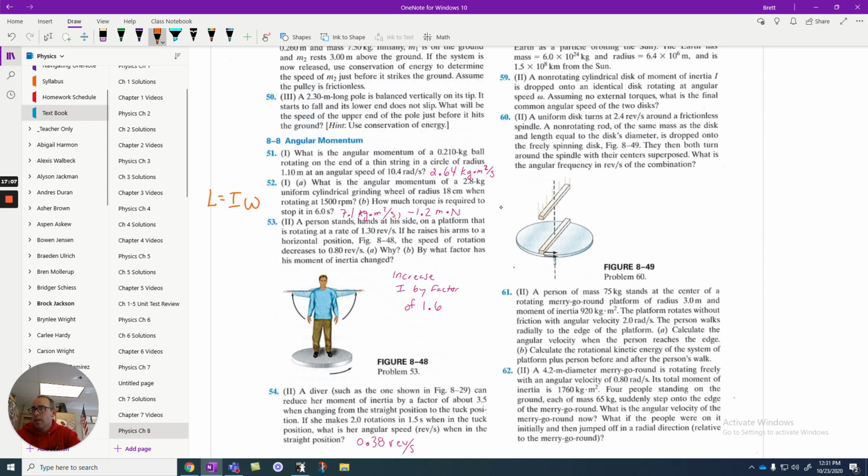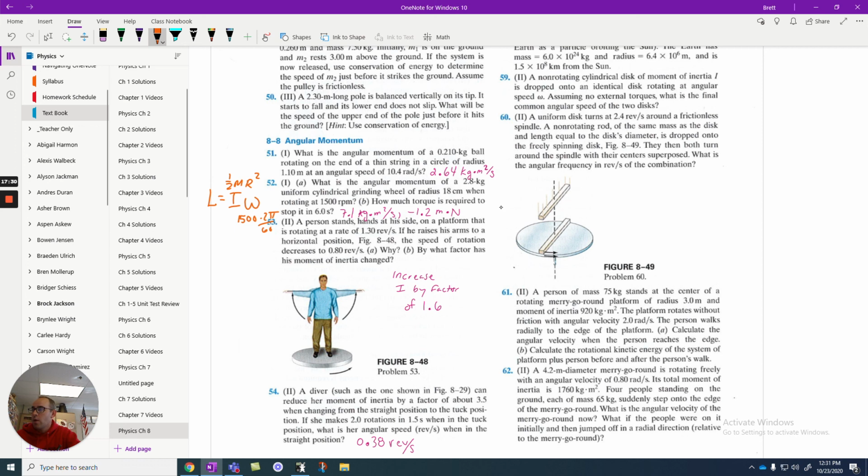Moment of inertia for a cylinder, that would be a solid disk, which is 1/2 mr squared. And omega, they gave us the RPMs. It's 1500 times 2 pi over 60 to get it into radians per second. That's a pretty easy calculation to make.